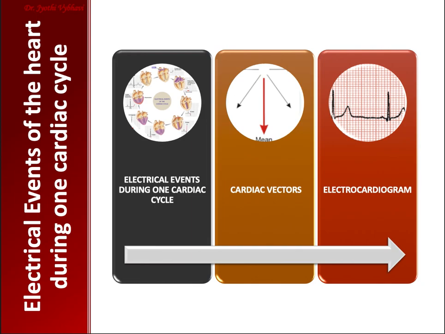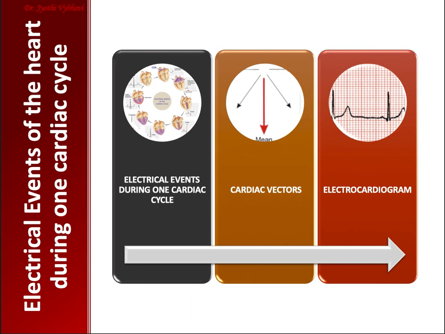So now, how do we learn ECG? ECG is learned in three phases. First, we have to learn what are the electrical events happening in the heart in one cardiac cycle. Once you learn that, we'll go on to learn how these electrical events are converted into cardiac vectors, what cardiac vectors are and how they are represented.